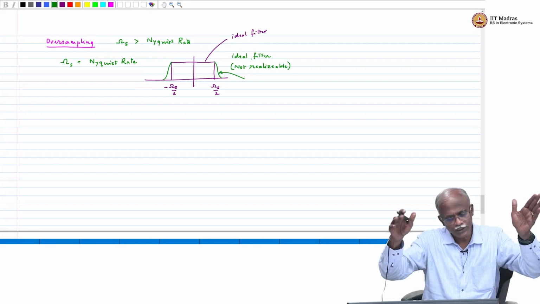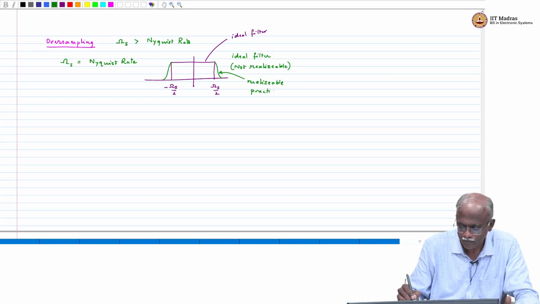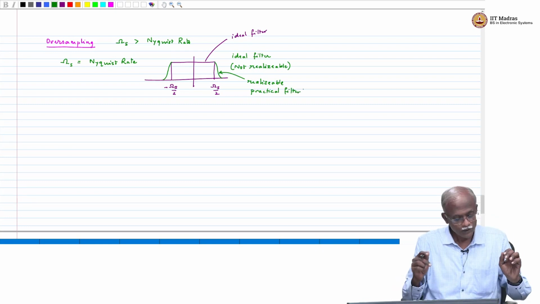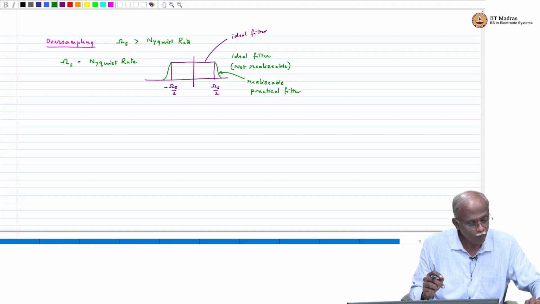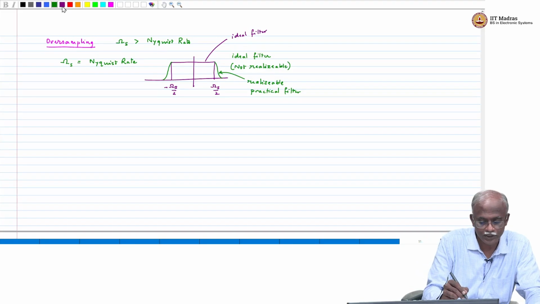The flat portion is okay, but this is a realizable, practical filter. Now, the important aspect of why we should sample at higher than Nyquist rate.